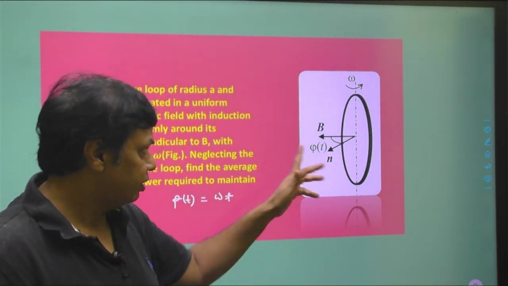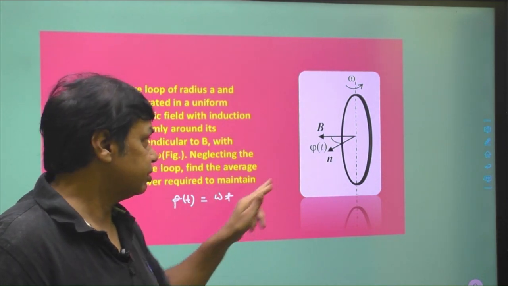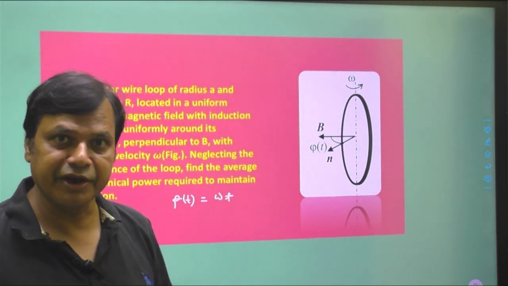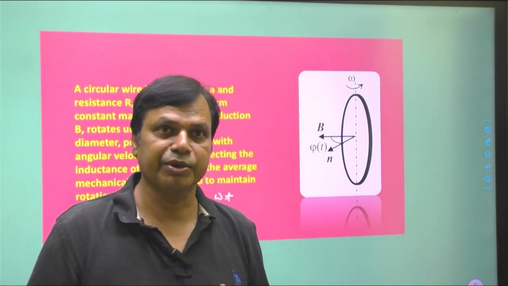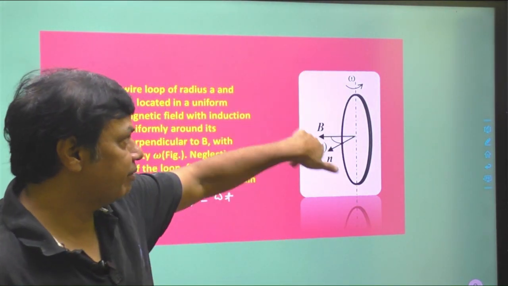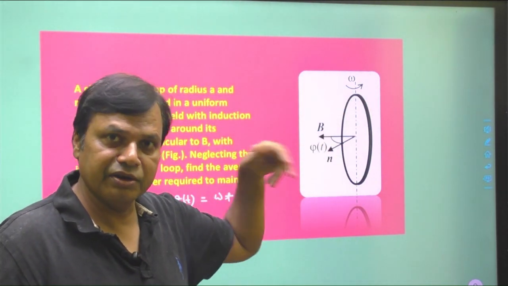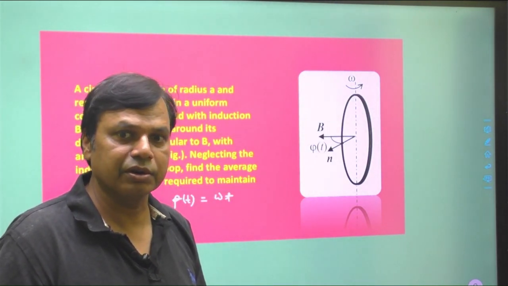And it's changing. The angle between the magnetic field vector and the area vector is changing with respect to time. With time, that means flux is changing. Flux is changing, that means an EMF has been induced in this loop, and so it is losing power.